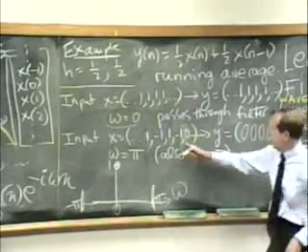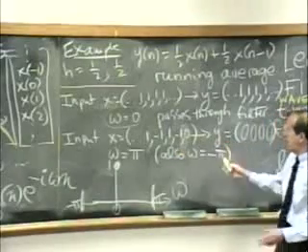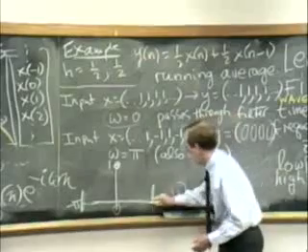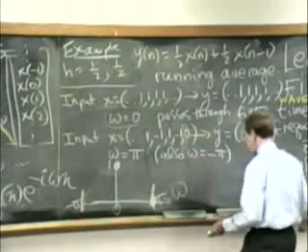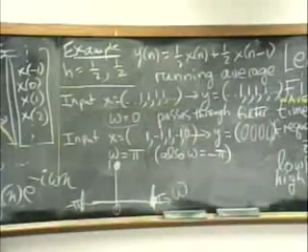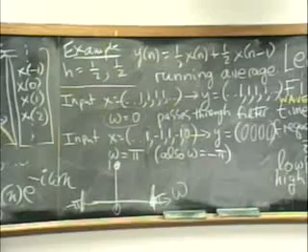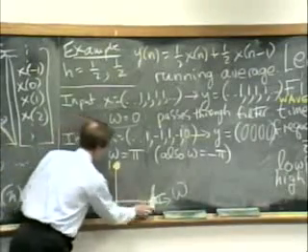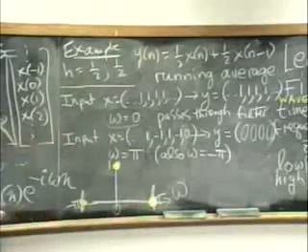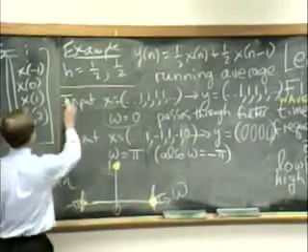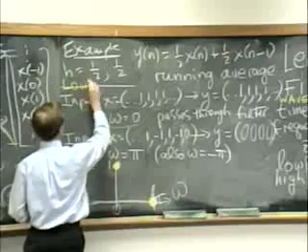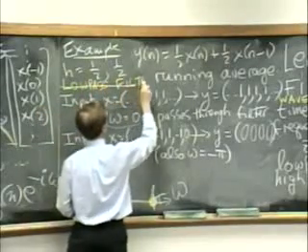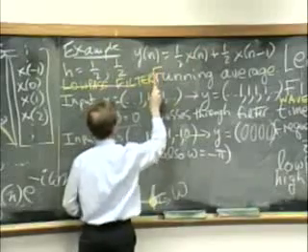Now, this is telling me that the response at this frequency is 0. So maybe I use yellow to plot those key points. I'm talking here about a low pass filter. This is going to be a low pass filter. This averaging, this running average.